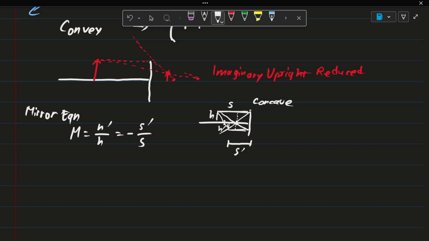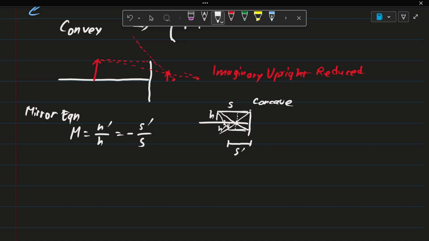We put the negative there because it doesn't come from geometry, but from the definition of our S. We define S from the mirror and S prime also from the mirror towards the image. So virtual images will have negative S primes.